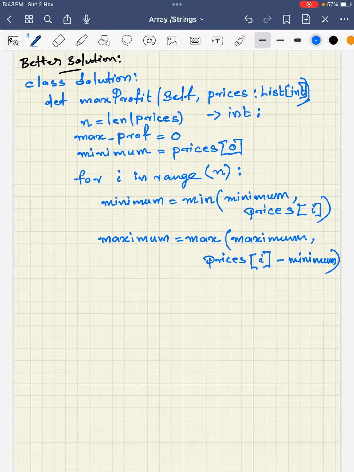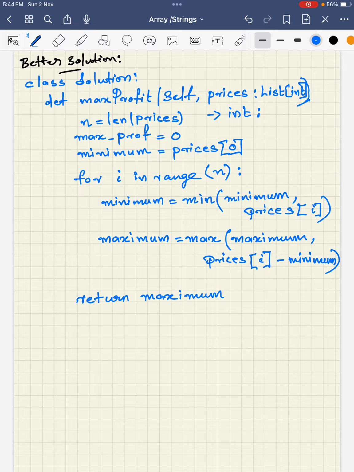So this way, in a single iteration, we are going to find out the maximum profit one could obtain from this solution. Once this iteration is over, this is our answer, the maximum profit we are going to get, and we have to simply return it. Return maximum profit, and this is the answer.